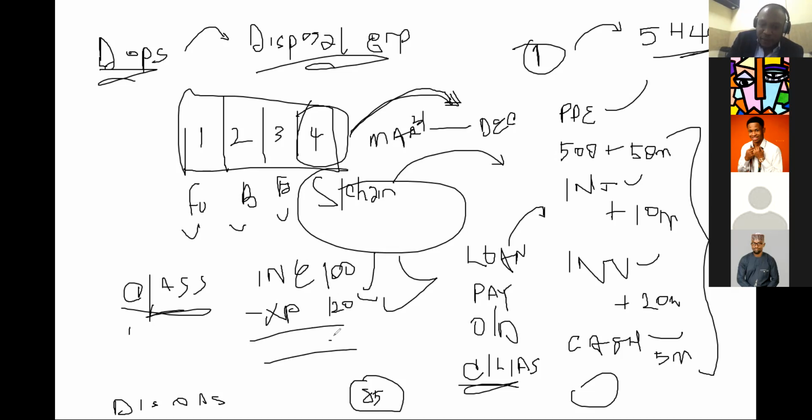So we would have a minus 20 as our loss for the year. We will not reflect income and expenses. All we will have is our loss for the year. That loss for the year will be reflected after the profit after tax. So you have profit after tax, and then you would have loss from discontinued operations.